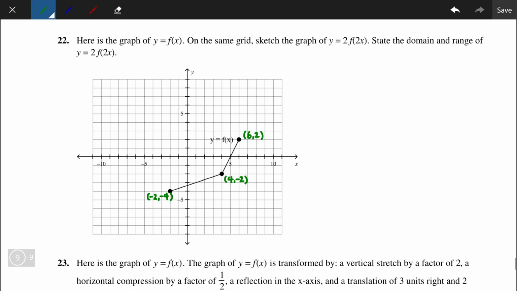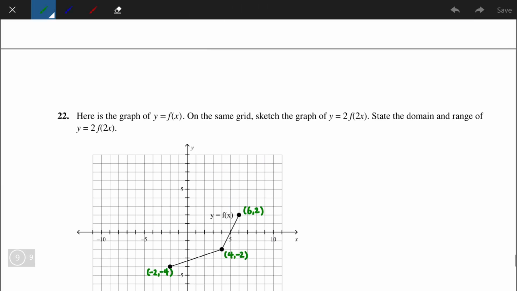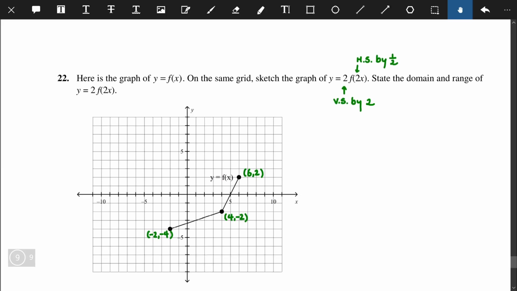So let's consider what the 2, both outside of the function and inside of it, does. This 2 here indicates to us there is a vertical stretch by 2. And the second 2 is a horizontal stretch, but by half. So essentially, the x values on the points will be halved, and the y values will be doubled.